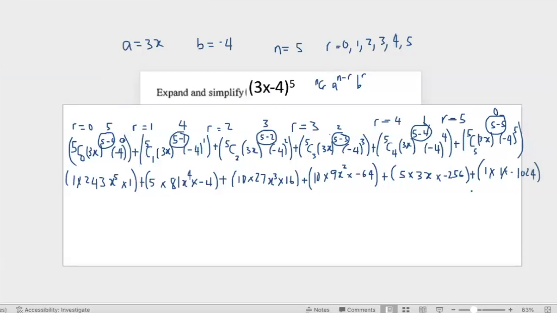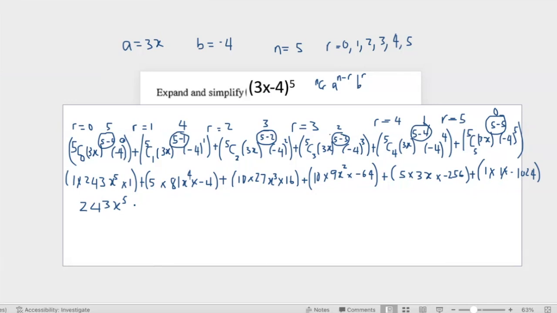So something I need to note is that when you have an even power, your number is going to be positive, but when you have an odd power, your number is going to be negative. So multiplying the first bracket, we have 243x to the 5. We have to multiply 5 times 81 times minus 4.